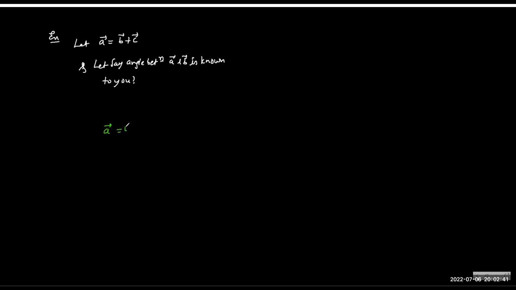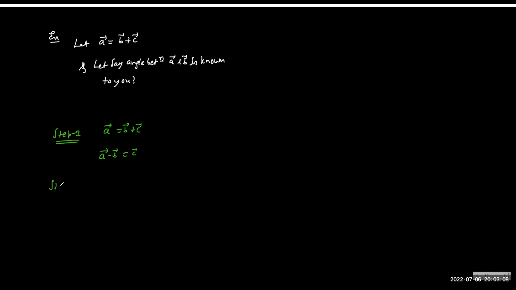A vector minus B vector. Exactly, because I know the angle between these two vectors, I'll bring them on one side. This is step one. Anyone solving the question mechanically has to think this way: because I know the angle between A and B, I'll bring them on the same side. If they are on the same side, you're lucky. If they are not, bring them. Is this step clear, everyone?